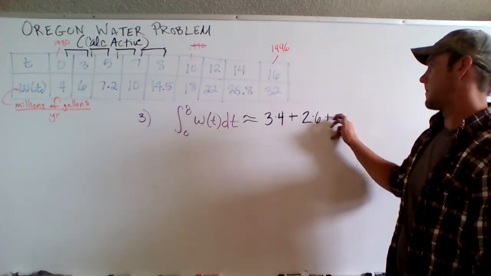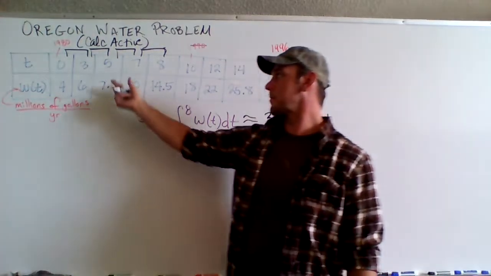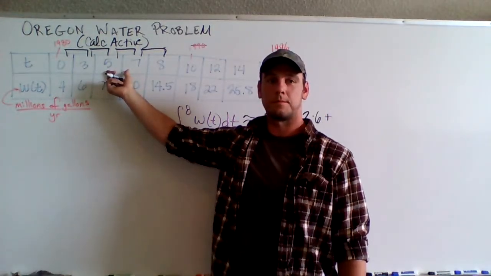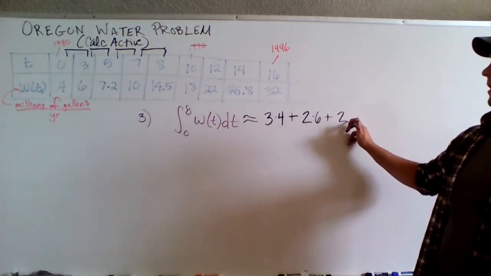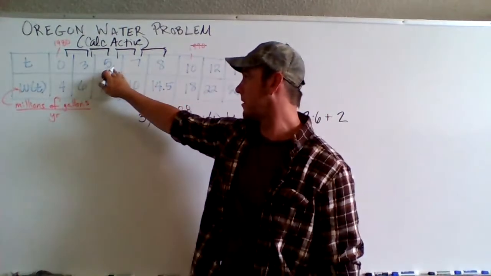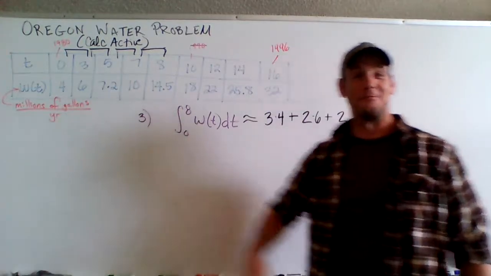This is pretty typical because it's not equal intervals, so you have to do each rectangle's base times height separately and add them together. My next base has a difference of 2, and I use my leftmost value of 7.2.